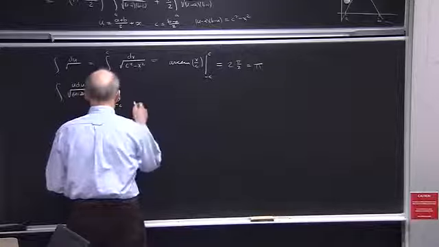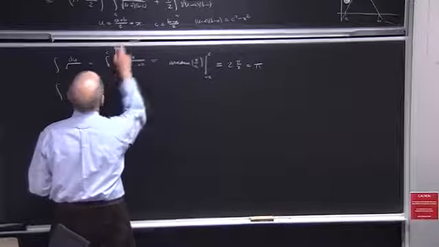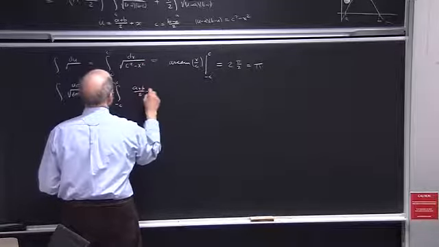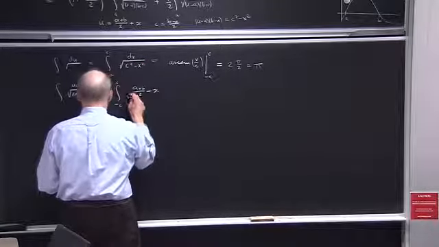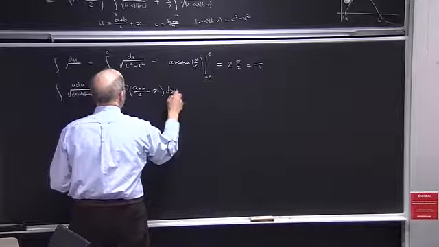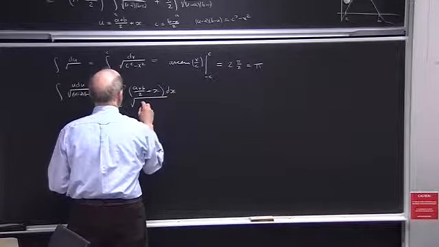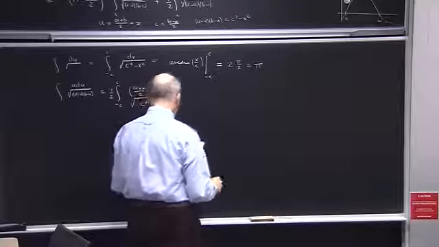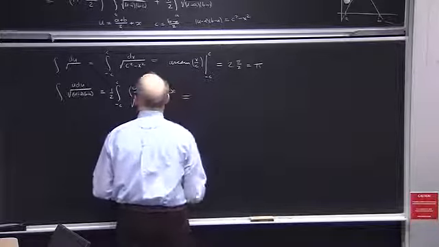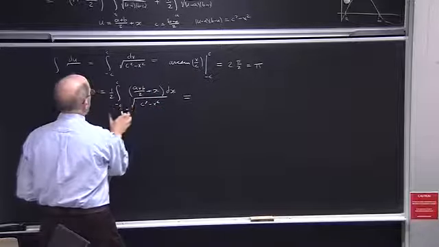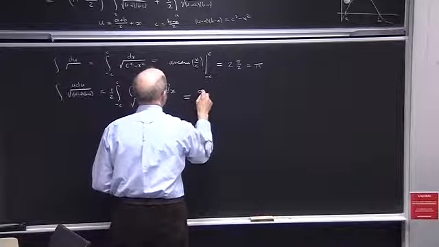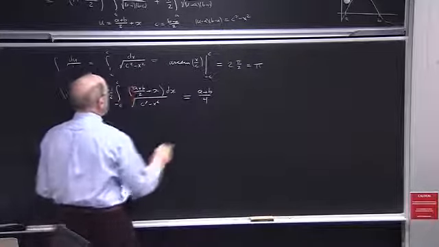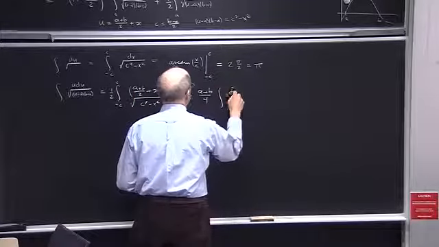If we make the same substitution, then u becomes (a plus b)/2 plus x, times dx over the square root of c squared minus x squared. Part of it is the integral we already did before, with this constant (a plus b)/4 pulled out, times the same integral of dx over the square root.